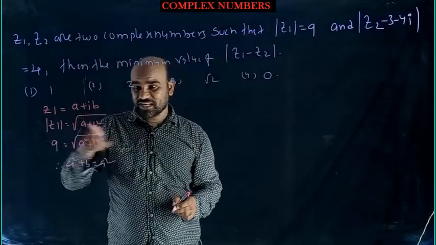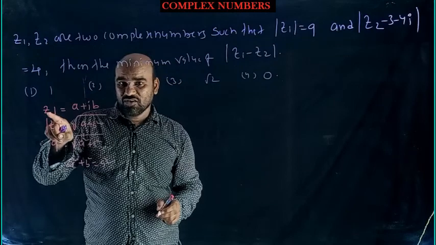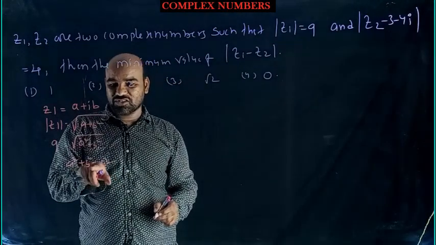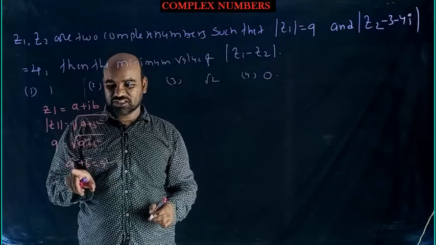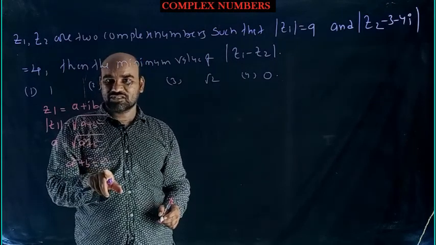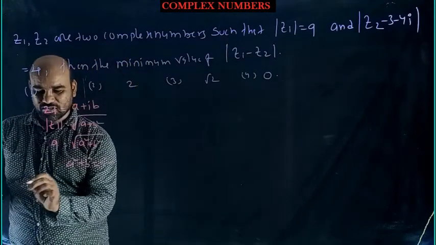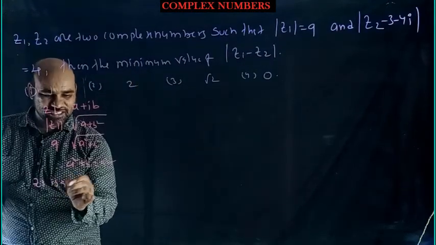Means I can say that z1 is nothing but a point on the circle whose center is 0, 0 and radius is 9. Observe here, a² + b² equal to 9² is a standard circle equation.